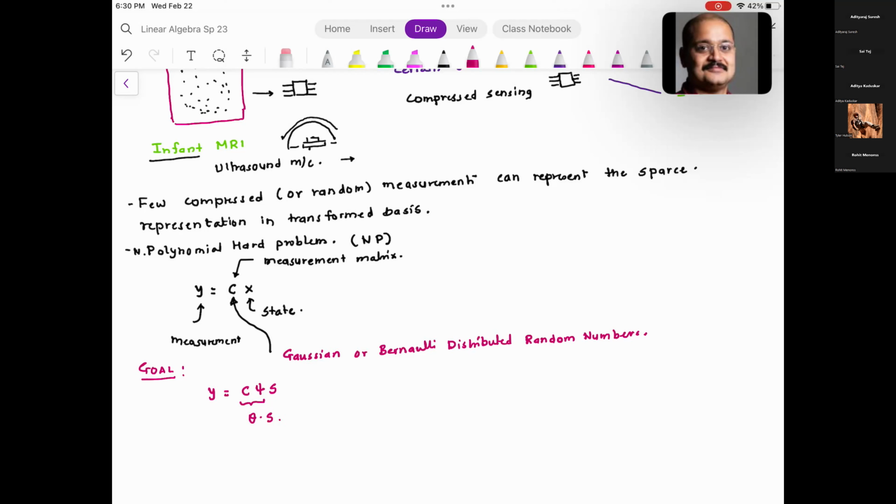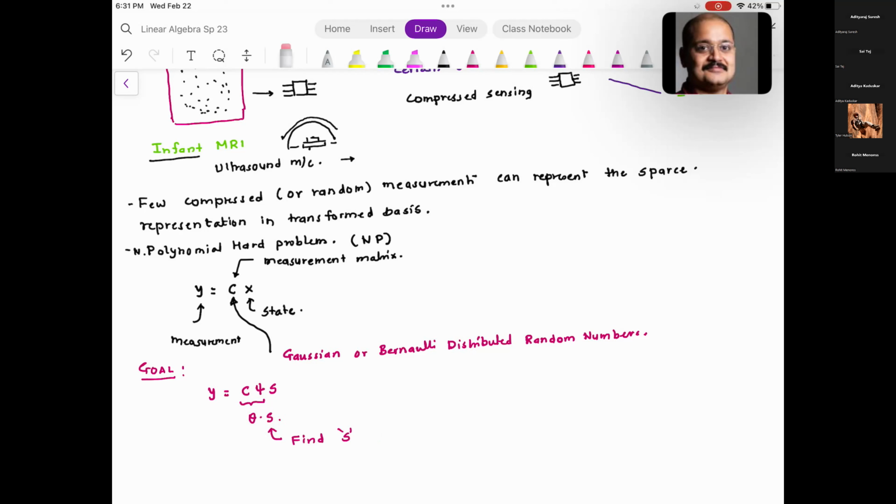Now, we can look at this representation: y is equal to C psi s, where C times psi is given as theta. Then we want to find s, wherein s has lots of zeros.